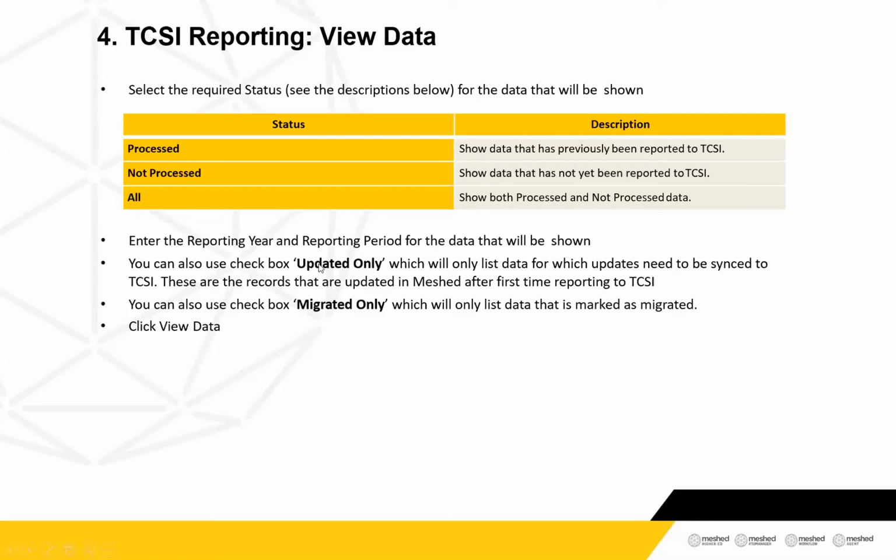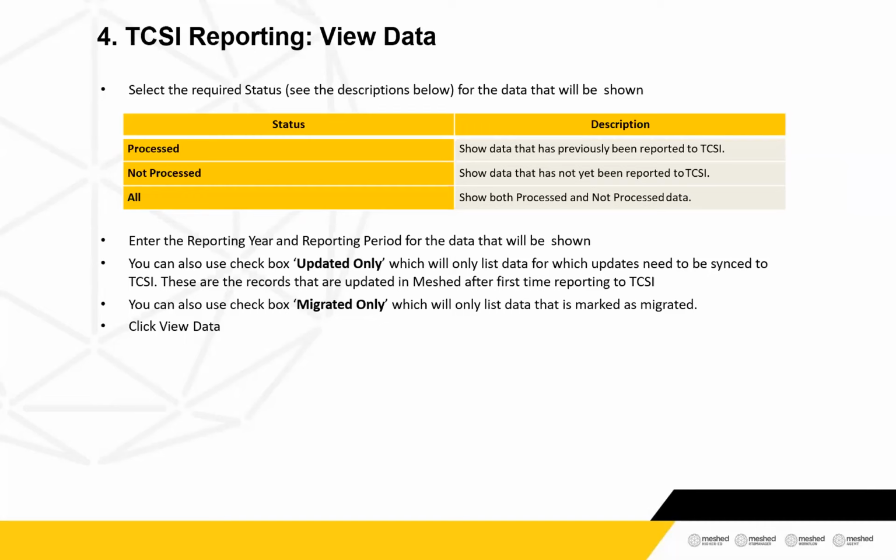If you check the checkbox updated only while retrieving your data on the Mesh TCSI reporting page, it will give you only those records which are already reported but whose updates have not been synced to TCSI. For example, say there is a unit enrollment packet in which you have reported a unit enrollment for a student. When you reported it, the subject outcome was enrolled.